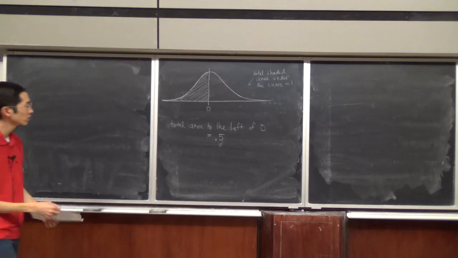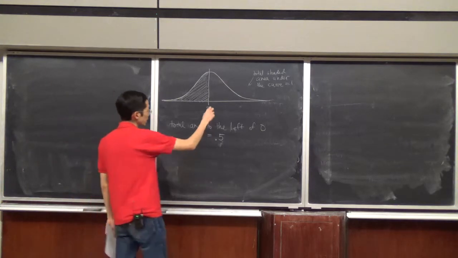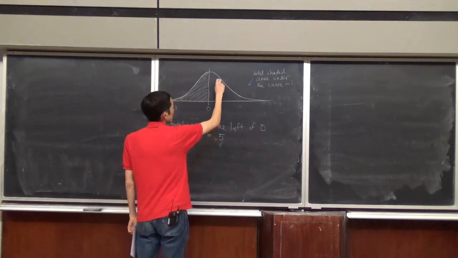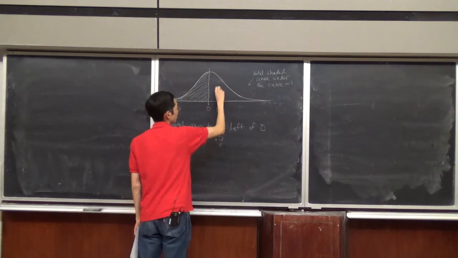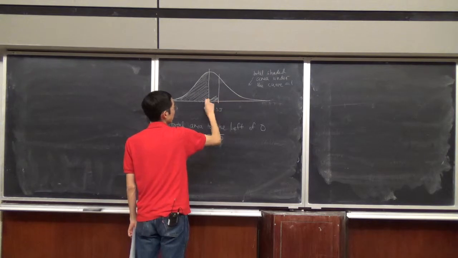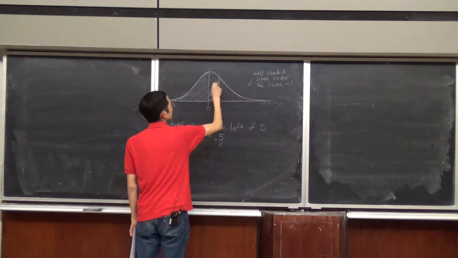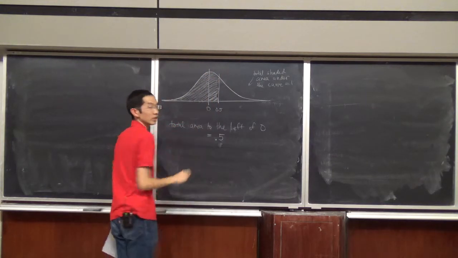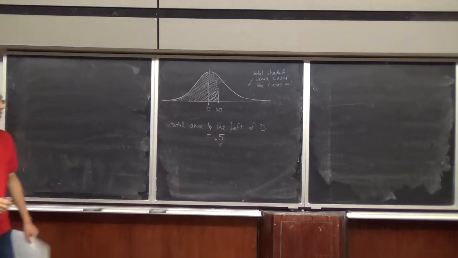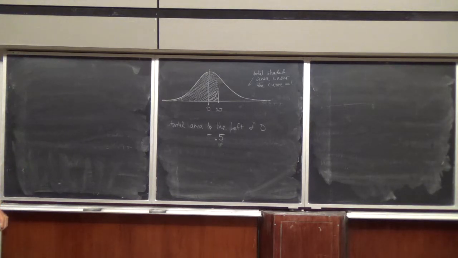If I come to say 0.5, and I draw a vertical line and I shade everything to the left of 0.5, how much do you think I've shaded? What's that? Okay, so we don't know exactly how much, but we do know that the amount I've shaded is going to be more than 0.5 and less than 1, right?